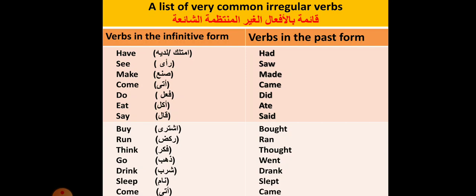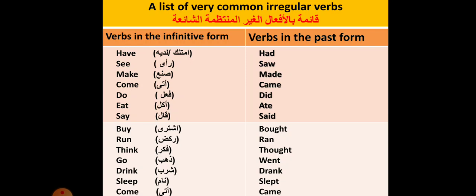Verb to see becomes saw. Verb to make becomes made. Verb to come becomes came. Verb to do becomes did. Verb to eat becomes ate. Verb to say becomes said.